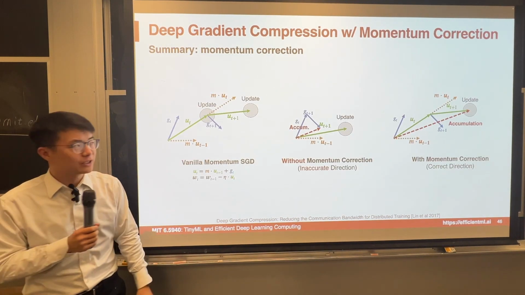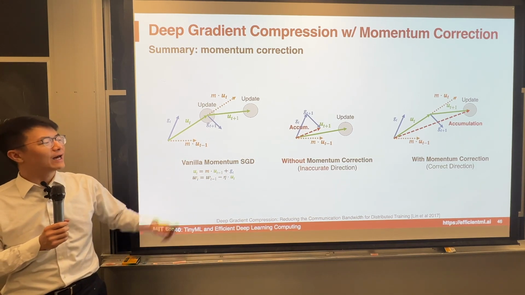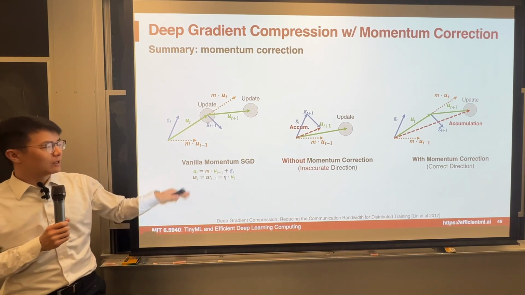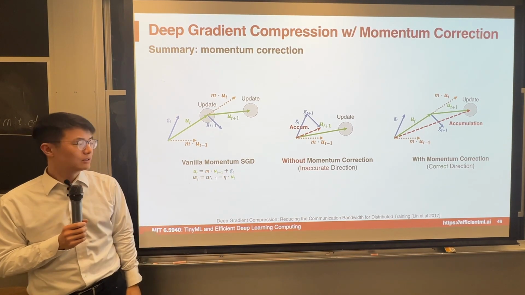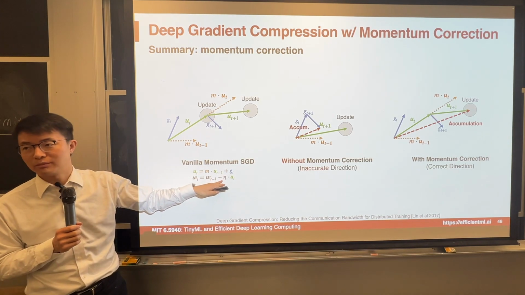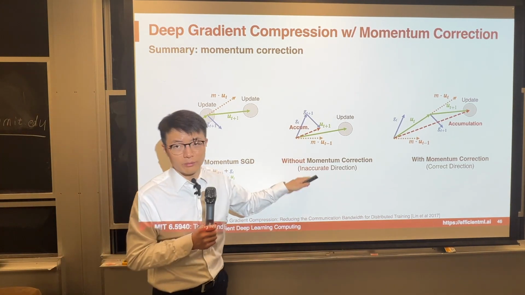So let's put them together to review this approach. This is vanilla momentum SGD. The update is equal to the previous step plus the current gradient. And we do a step, multiply by the learning rate, and subtract it from the previous weight. This is without momentum correction.